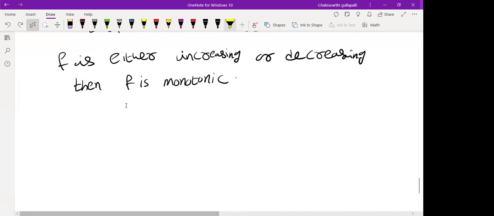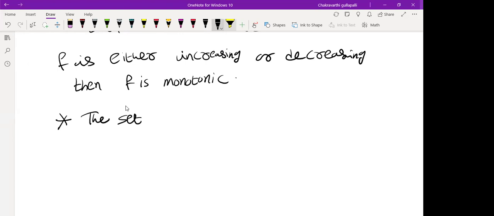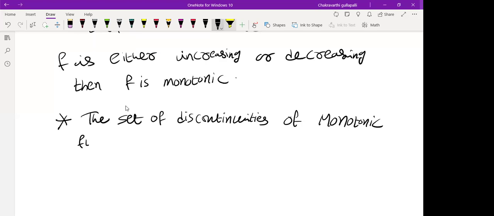What is another interesting result? Try to memorize these results. The set of discontinuities, that is the points at which the function is discontinuous, of a monotonic function is countable.